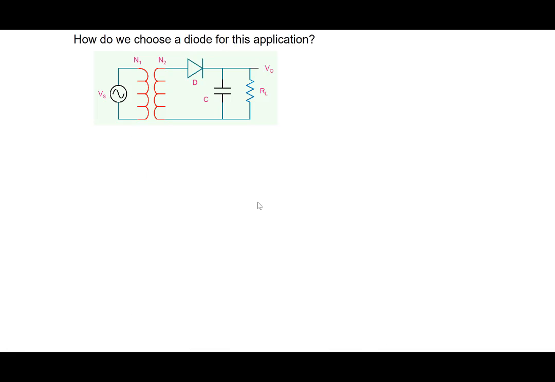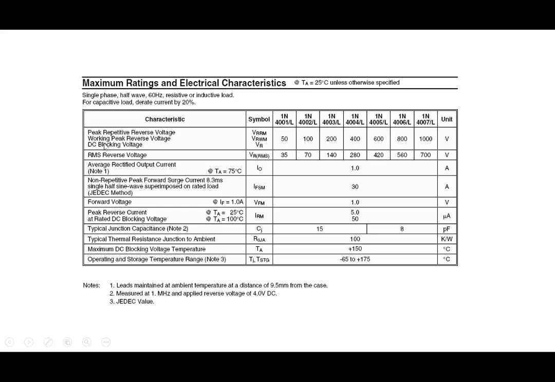All right, so how do we choose a diode for this application? Our choice of diode would be based on how much average current is flowing through the diode, and what is the peak current. Note that there was a peak repetitive reverse voltage and a non-repetitive peak forward surge current.